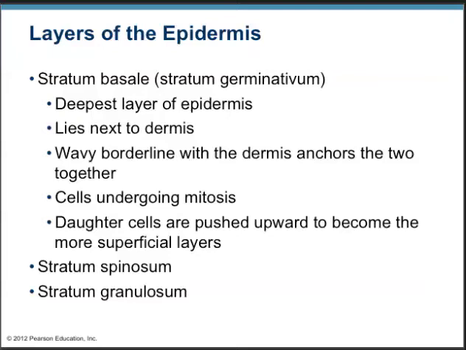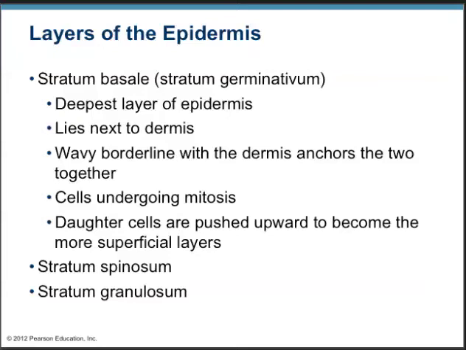This wavy borderline is produced by the papillary layer of the dermis that sort of protrudes into the stratum basale. In the fingertips, the toes, the palms of the hands and the soles of the feet, this is what produces our prints.